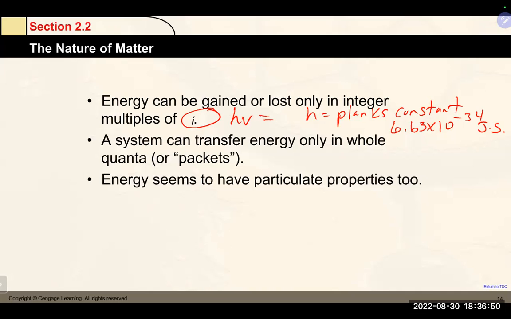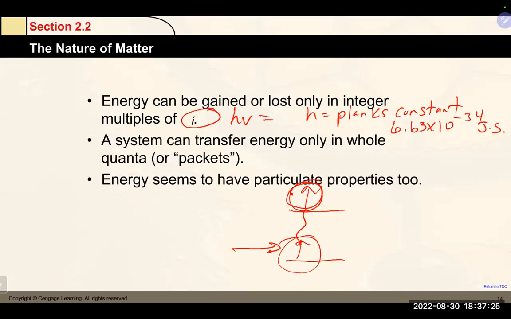The idea of energy being gained or lost in these whole packets is sometimes referred to as a quanta of energy. The idea is fairly straightforward: if I have an electron on one energy level and it wants to go to the next energy level, it needs to pick up energy to go up, and it will pick up enough energy to get itself to that level.